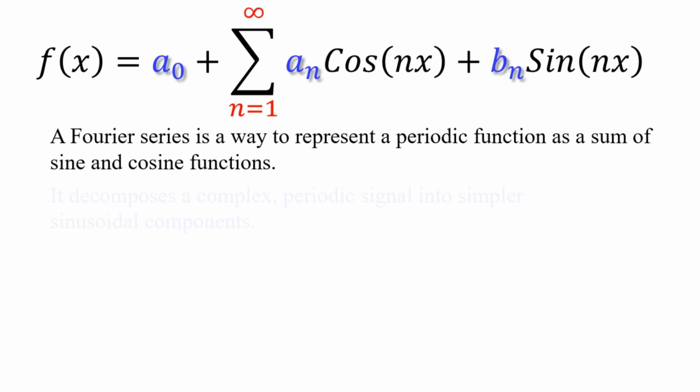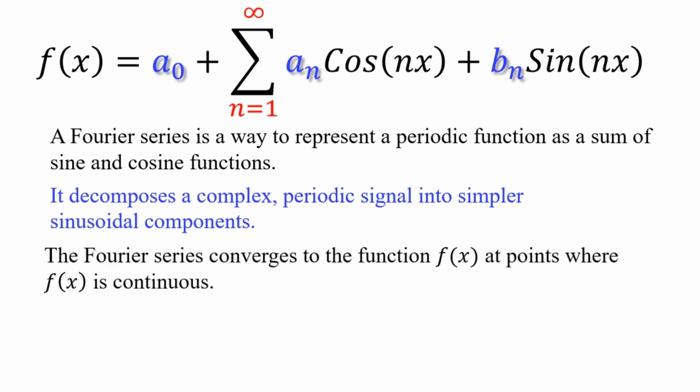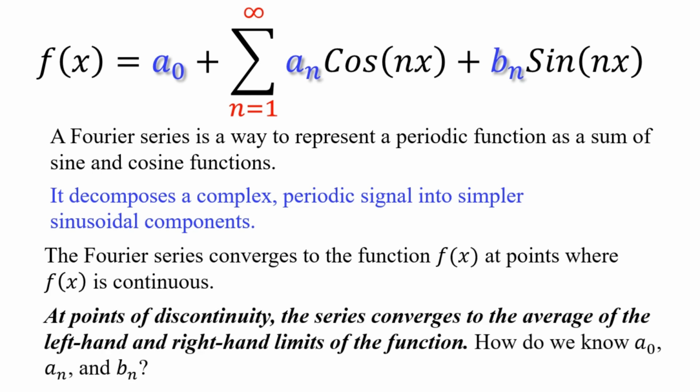Number two, it is a way to decompose a complex periodic signal into simpler sinusoidal components. The Fourier series converges to the function f of x at a point where f of x is continuous. What about discontinuity? At a point of discontinuity, the Fourier series of f of x converges to the average of the left-hand and right-hand limits of the function.